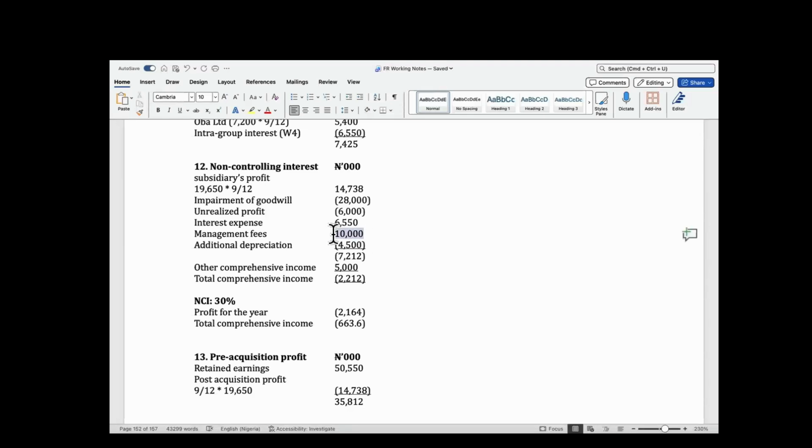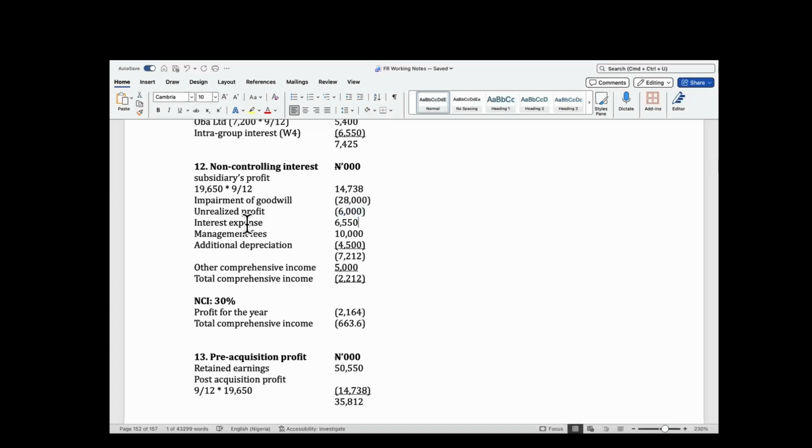So this is eliminated. And you would see that for the impairment of goodwill, I deducted it, in the sense that it was deducted as an expense. This one was also deducted as an expense as well, unrealized profit.